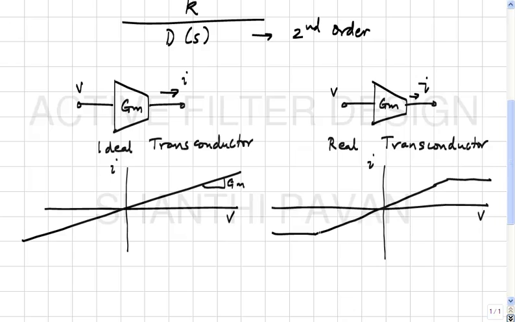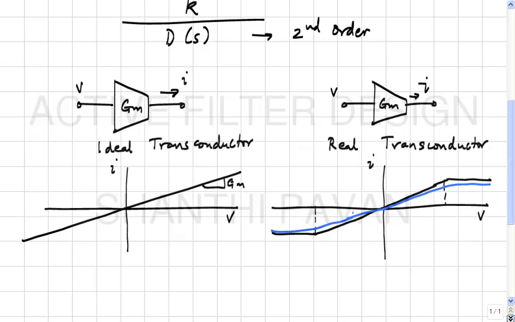To make the most simplistic of assumptions, I will assume that the I versus V characteristic has a constant slope GM in this region and zero slope elsewhere. Okay. In reality, of course, when you take a real transistor level design, the real thing may be perhaps something like that, no real circuit will exhibit such strong kinks.